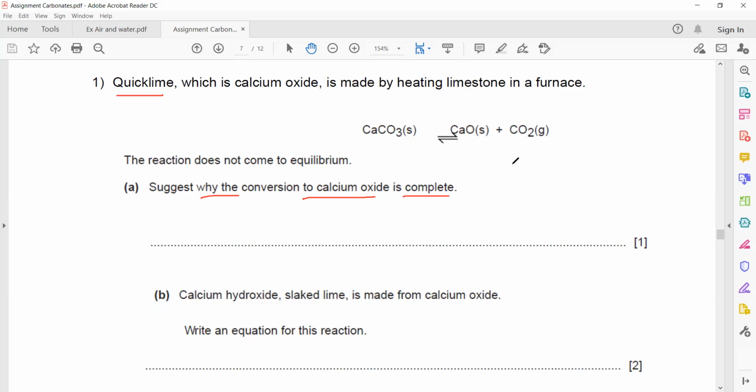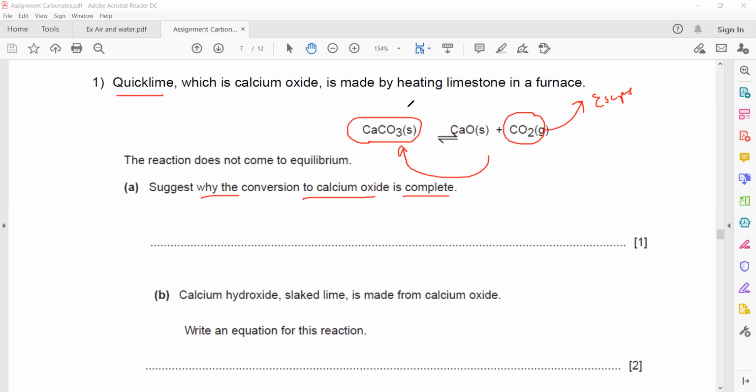The reason is that, for the formation of calcium carbonate back, calcium oxide would react with carbon dioxide to form calcium carbonate. But why is it not forming? Because when the forward reaction occurs, calcium oxide and carbon dioxide are formed. Carbon dioxide is a gas, so this gas will escape. As the gas escapes, there is no carbon dioxide left to react with calcium oxide.